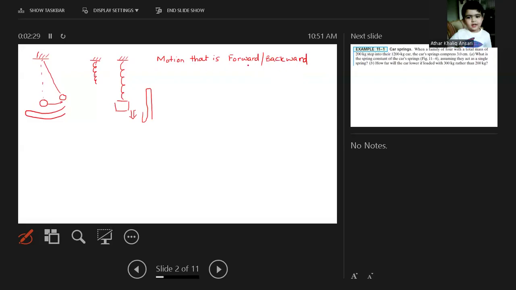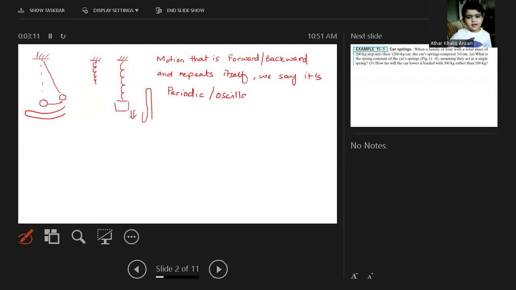Motion that is to and fro, forward and backward, up and down, and repeats itself, we call periodic motion.